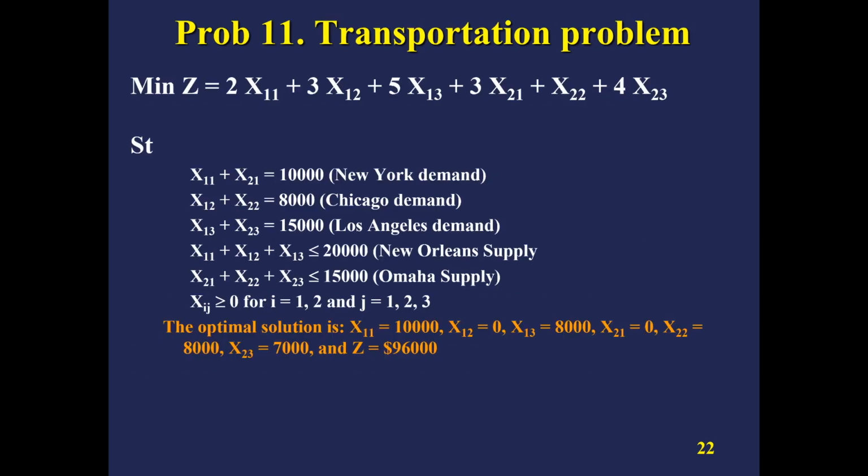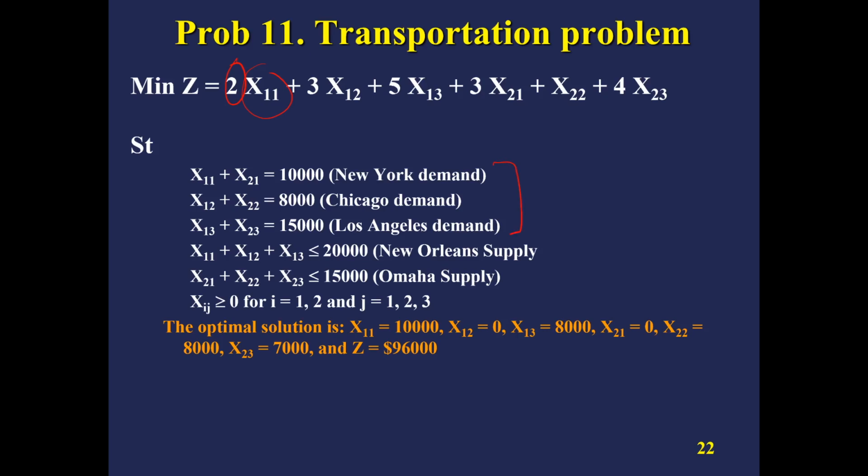These are the costs of transporting one bike, and X11 will be the number of bikes transported from source 1 to destination 1, etc. Subject to these constraints, we have X11 plus X21, this is the demand constraint.